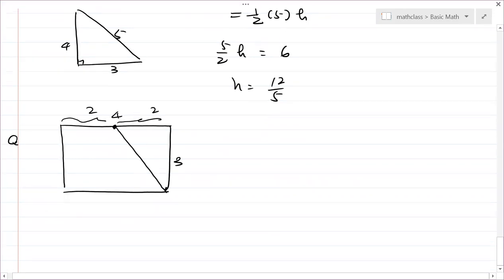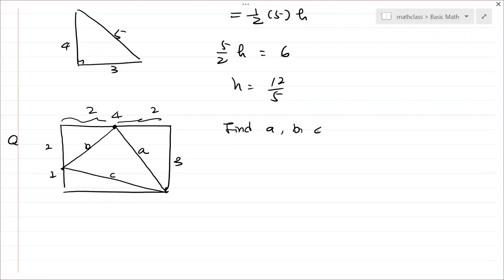So here's 1. This is a 2. And let's find out the A, B, and C. Just use the Pythagorean theorem. Find the A, the B, and the C.